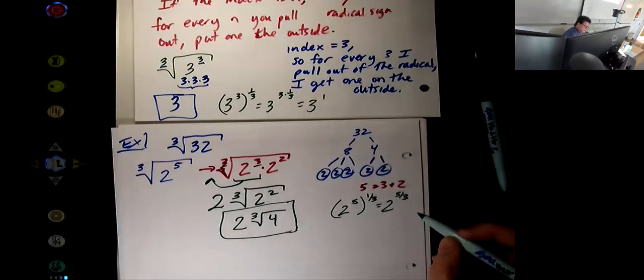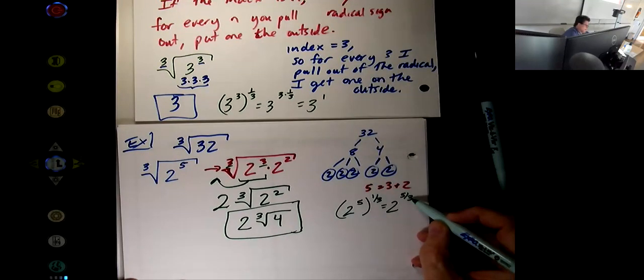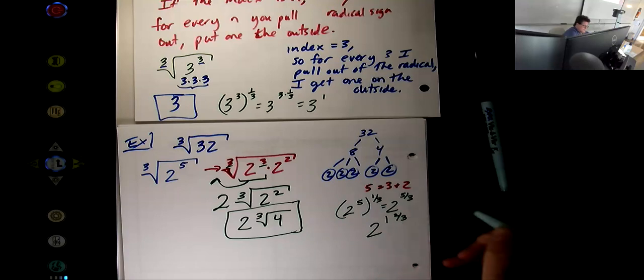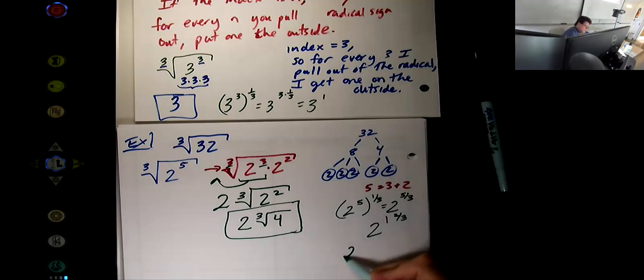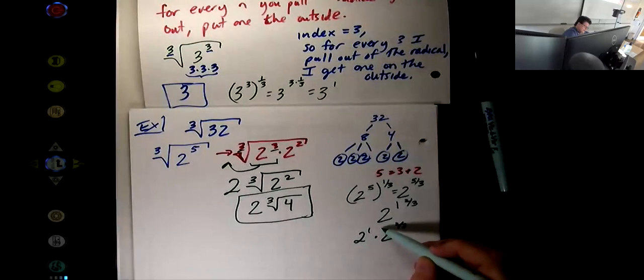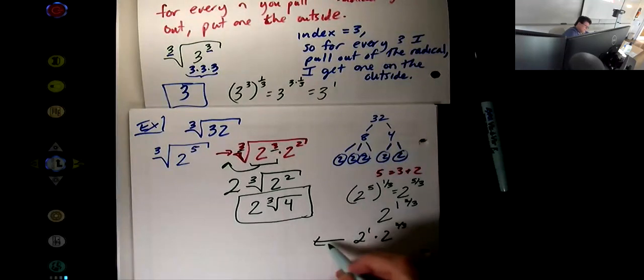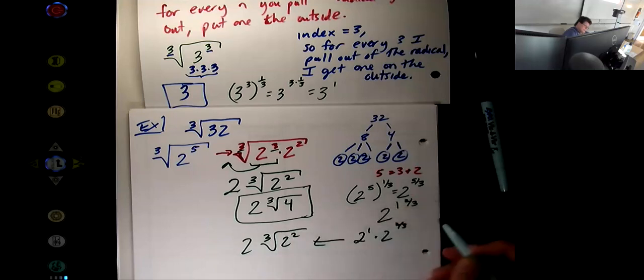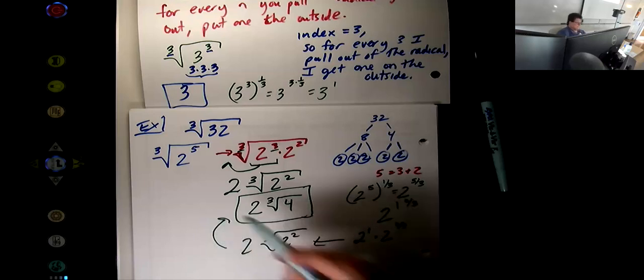Doing this as a radical, we got to turn this into a mixed fraction. 5/3 is 1 2/3. Which means 2 to the 1st power times 2 to the 2/3 power. And the 2/3 power gets you back to the cube root. And you've got 2 squared inside. And you can go back to that.